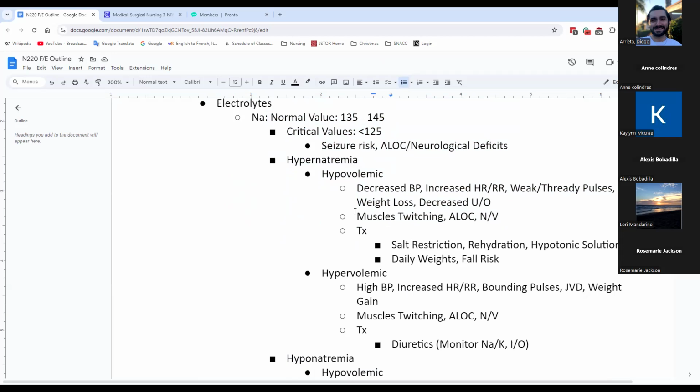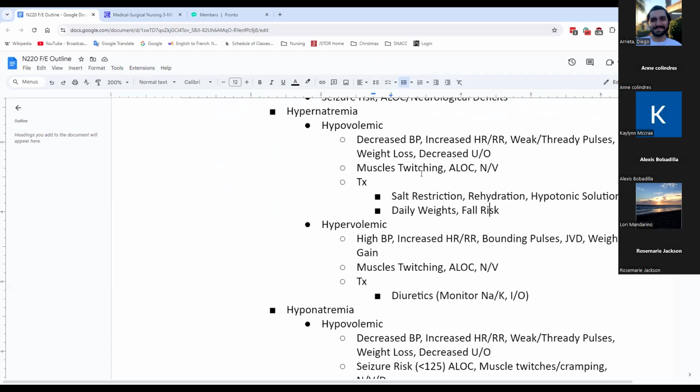I know we had some Kaplan questions that were really confusing when it came to the F&E chapter, like, oh, this sounds exactly like this other one, but it's not, it's this other electrolyte imbalance, they're just really similar. The focus is understanding the treatments as well as a general idea of how they affect the body.